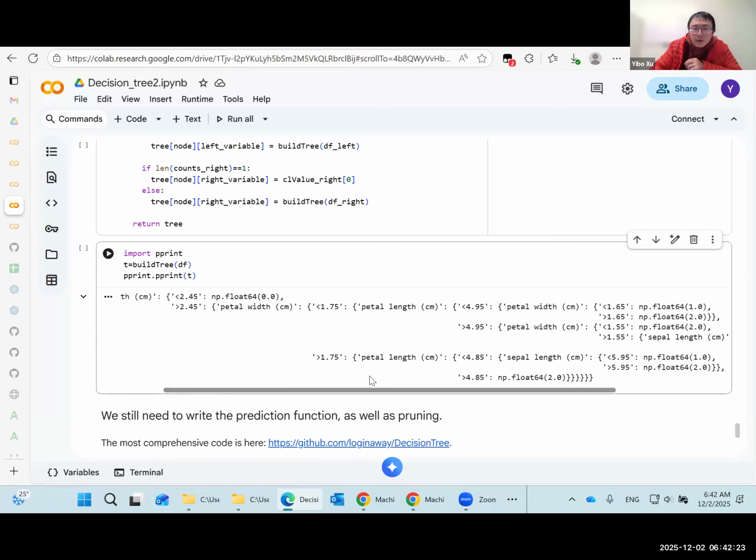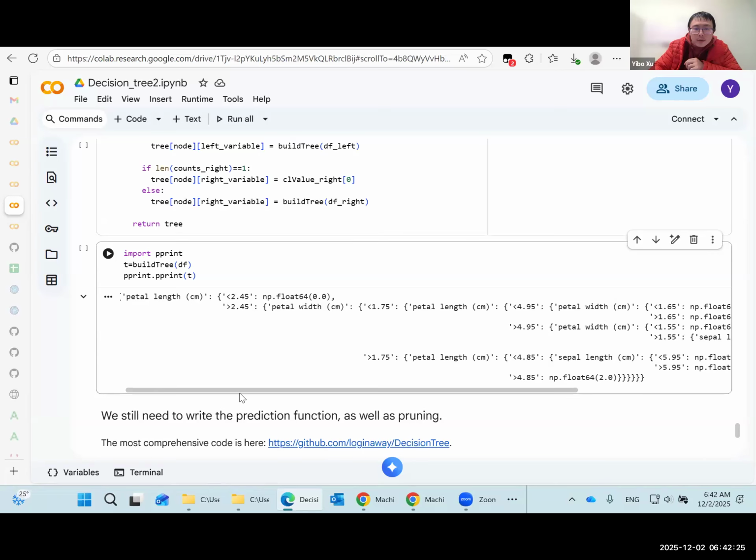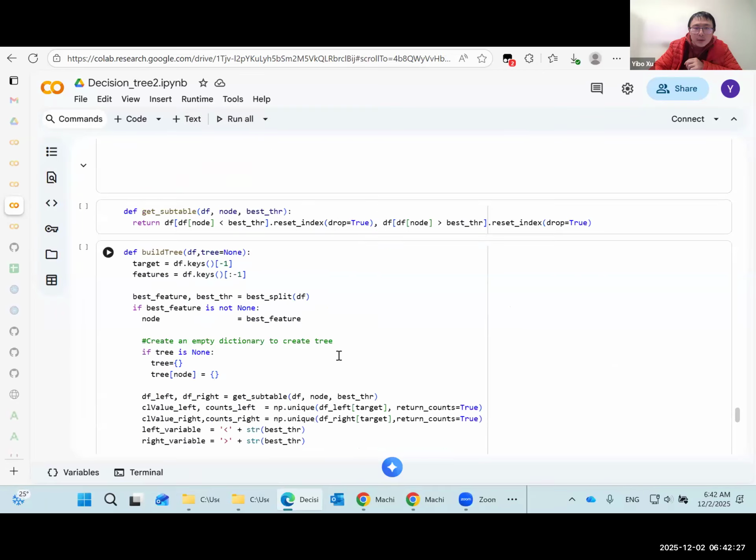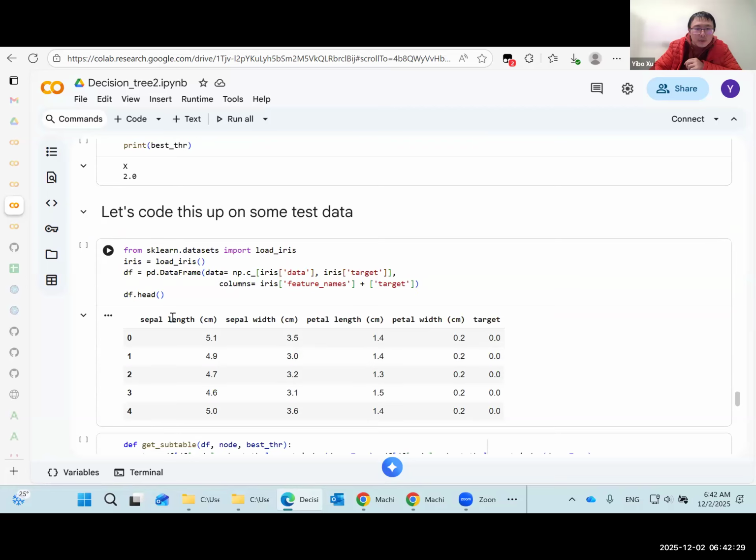So indeed there are certain features that are not so important here. The sepal width doesn't really occur within the decision tree that we build up. So that tells you what? That tells you this feature probably is not that important. All right. Okay, so that's all we need to talk about for decision tree.